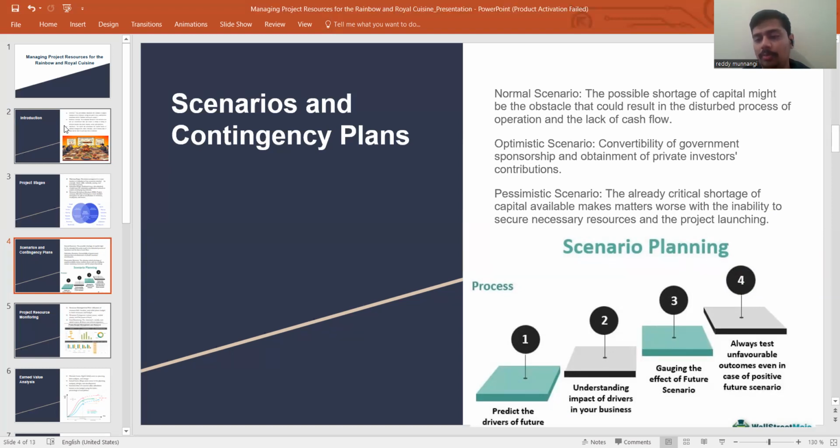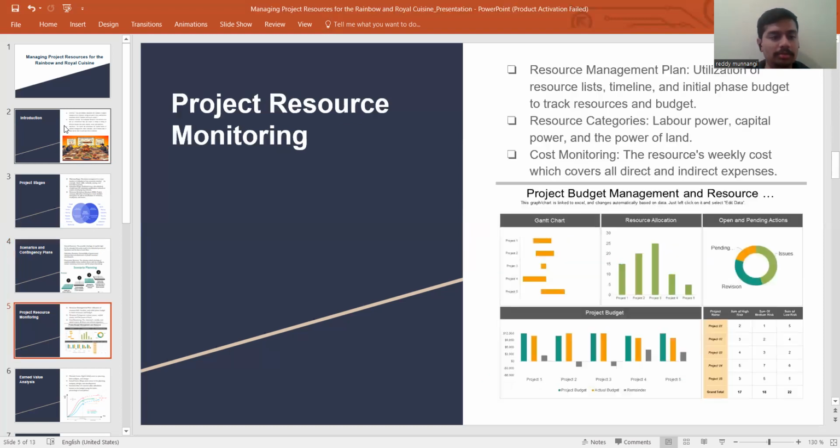The optimistic has the amount of risk and uncertainty as minimum as possible, and the pessimistic is where the risk and uncertainty will be high. In the worst case, we refer to it as pessimistic, and in the lowest case, optimistic. So these are the different scenarios.